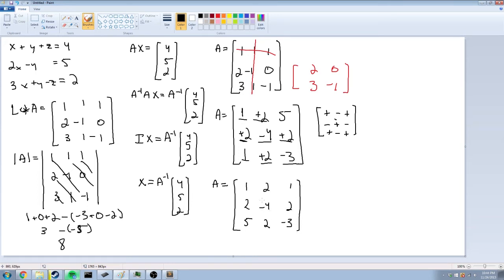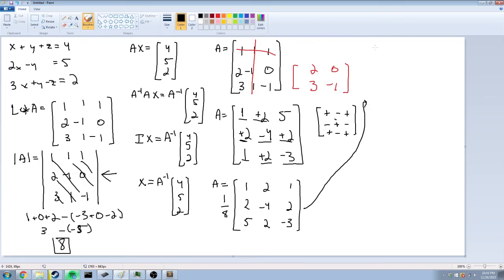Okay. And then next, we're gonna want to multiply this by 1 over the determinant of A. So it would be 1 over whatever this is. So in this case, it'd be 1 over 8. So let's move it up here.